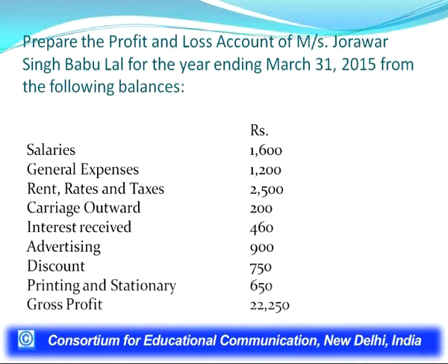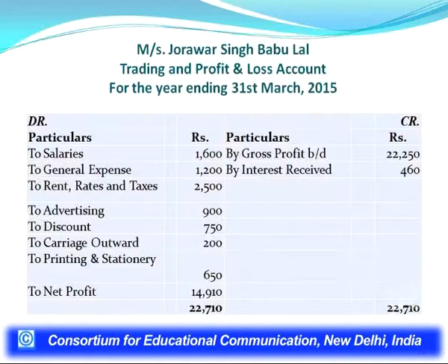So, we will start the profit and loss account with the gross profit, and all indirect expenses shall be recorded on the debit side, and all indirect income. Here there is only one indirect income, that is the interest received. So, you see this will be the presentation of the profit and loss account. On the credit side, by gross profit brought down and then by interest received.